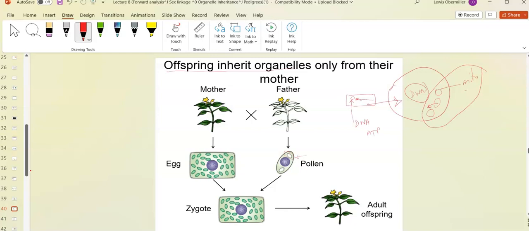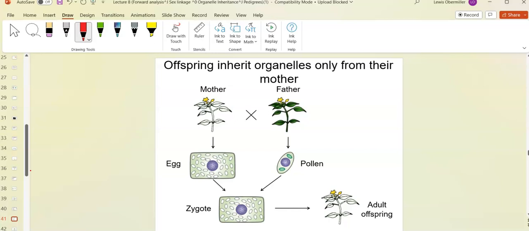In this case, the mother produces the egg with all of the chloroplasts, and so her offspring are all going to be green. The father is white, and he contributes hardly any, if at all. Even if there were a couple in here, it's still going to look green.